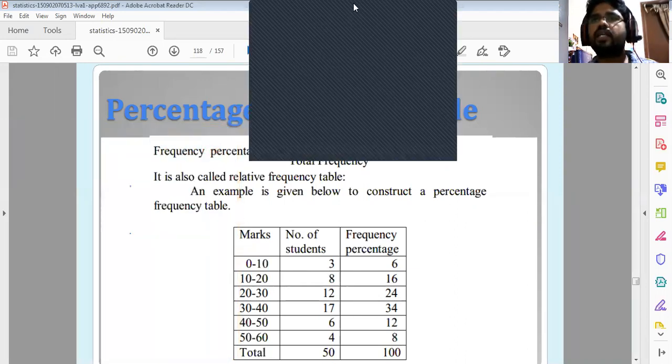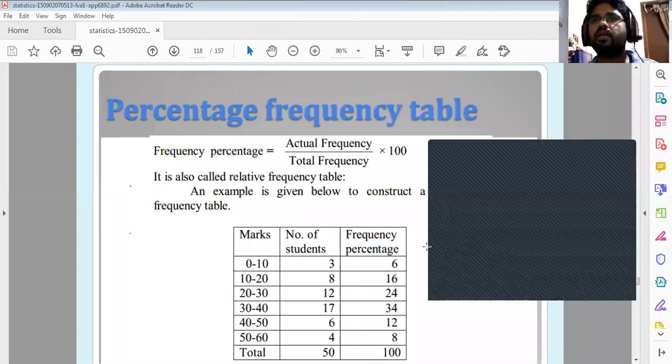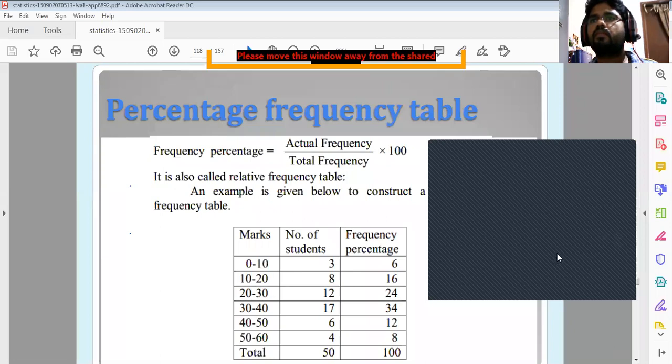See how we will get those values. See here, 3 by 50 into 100.